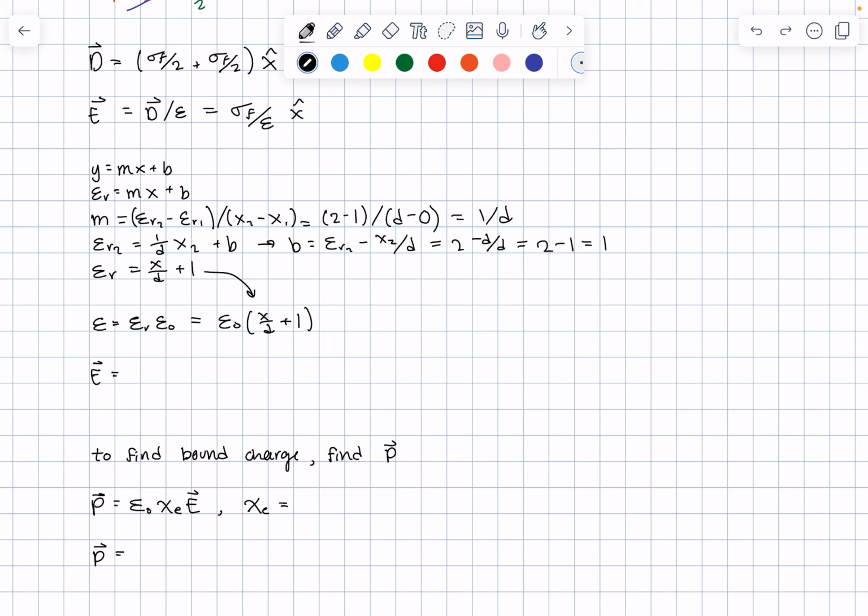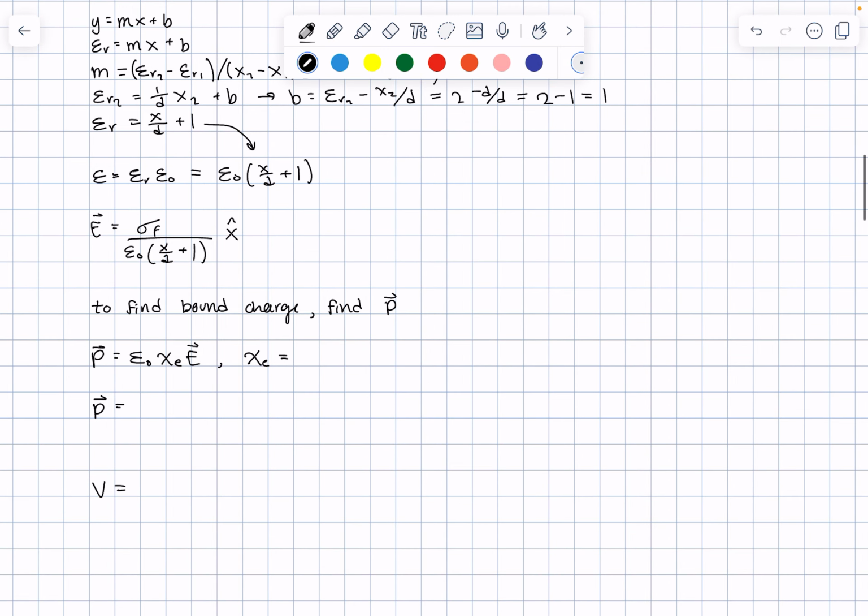It will be our free surface charge density divided by our epsilon, which is epsilon naught times x over d plus 1. And again, in the positive x hat direction.